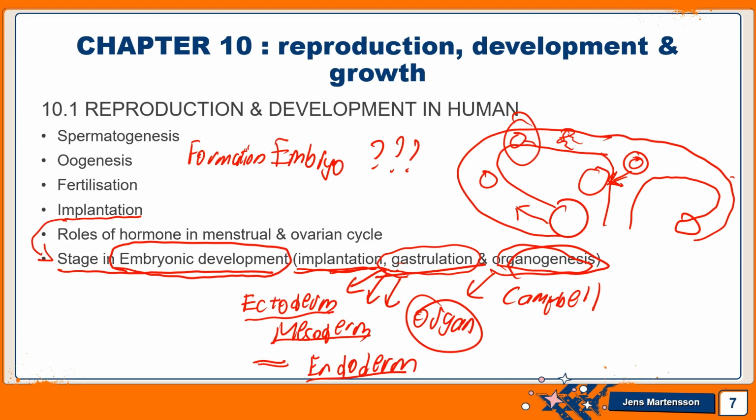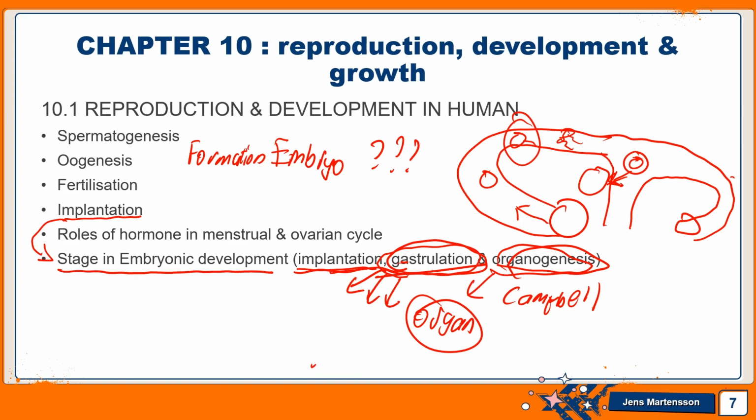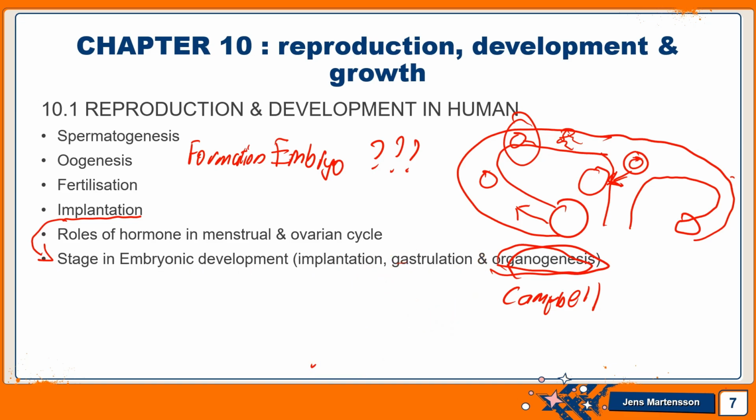This is the most difficult topic in this part, especially gastrulation, which is not easy to understand. Either you go to YouTube and see a video, or you read more until you understand the topic.